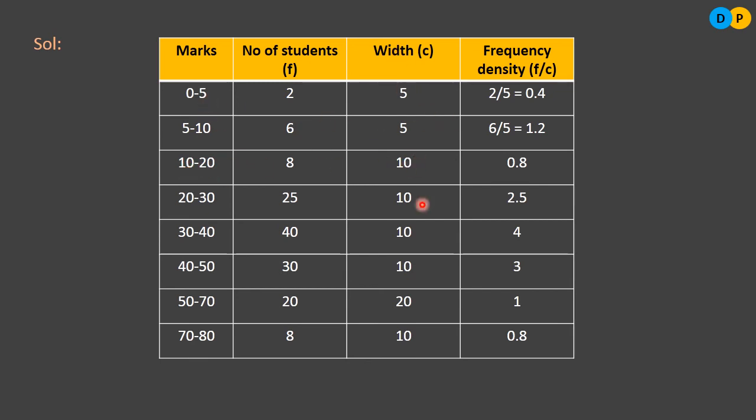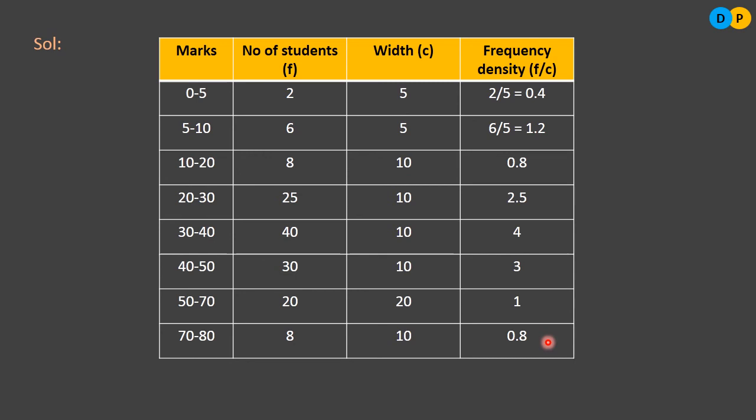As you can notice, the width is not the same for all class intervals: 5, 5, 10, 10, here 20. Since there is a change in the width, I need to find the frequency density, which is the frequency of the class divided by the width of the class: 2 by 5, 6 by 5, 8 by 10, 25 by 10, 40 by 10, 30 by 10, 20 by 20, sorry, 8 by 10. Like this, we will get the frequency density.